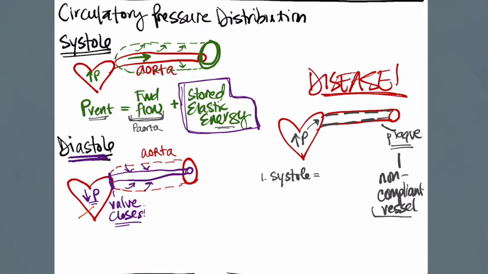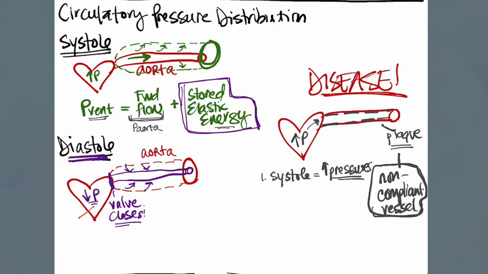If you can't stretch the vessel because now you have a non-compliant vessel, all of the pressure in the ventricle is going to be transmitted into the vessel in terms of its forward flow, and none of it will be dissipated into the walls. So you would expect higher than normal pressures because the walls can't stretch.